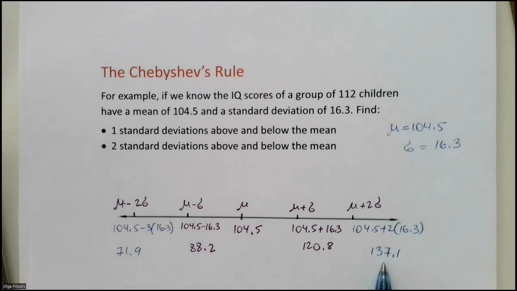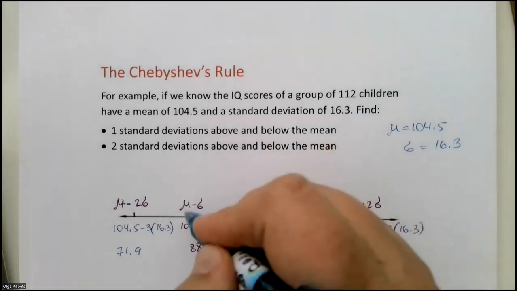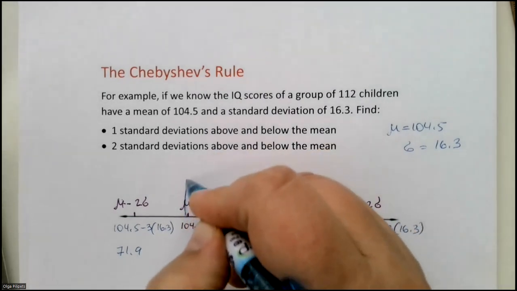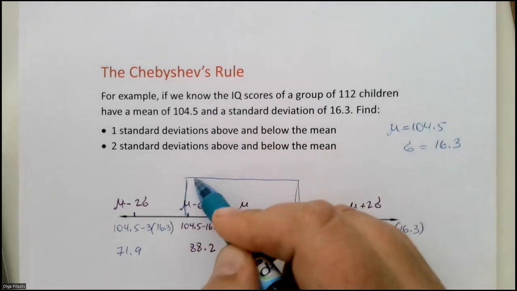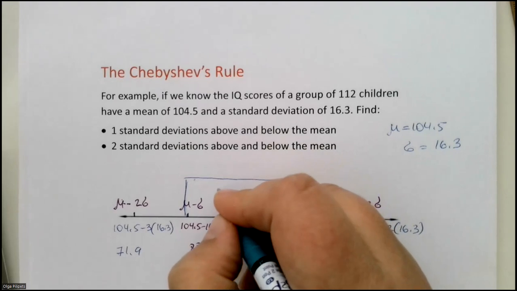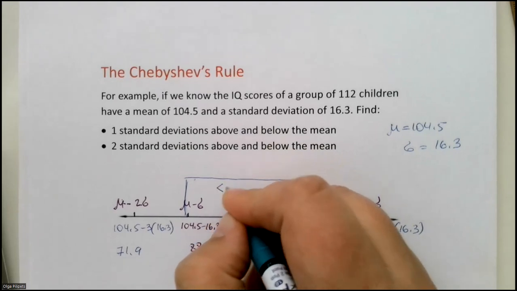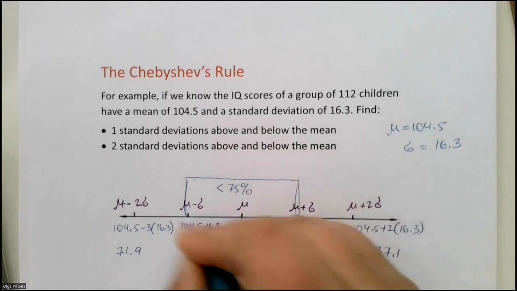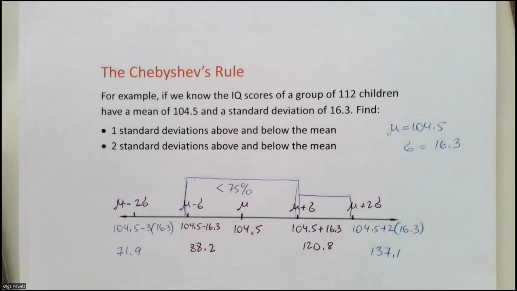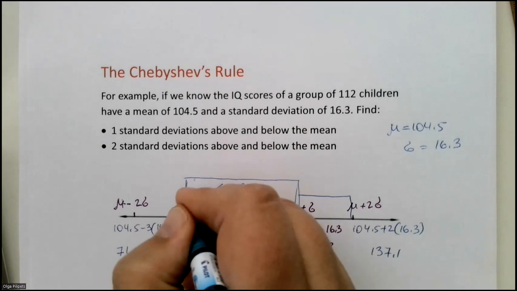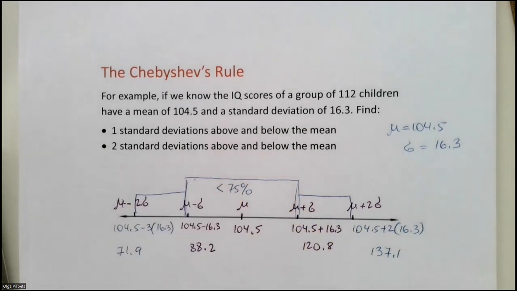Now, if we were to superimpose a histogram on this chart, we would get about 75% right here between these two values. So at least 75% right here, and then we would get 14 more percent on the sides right here.